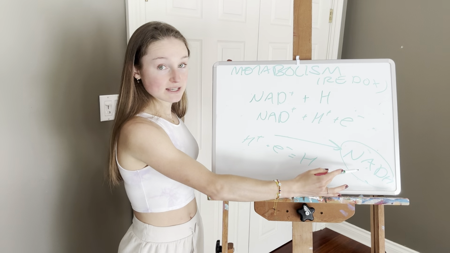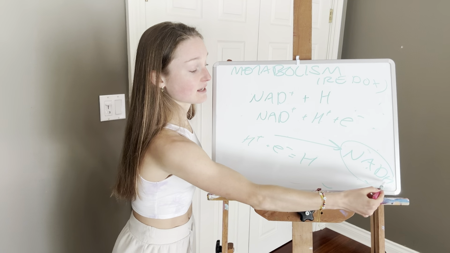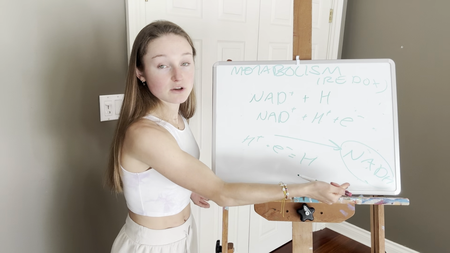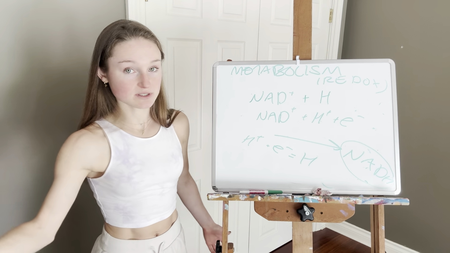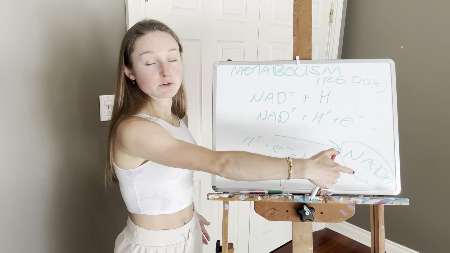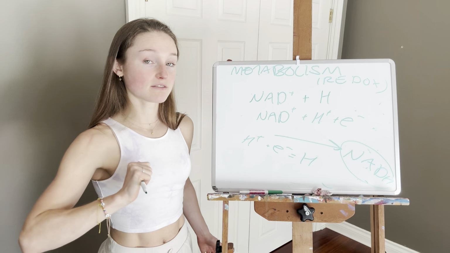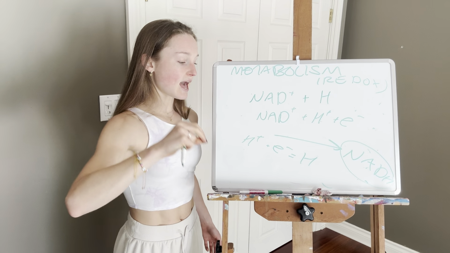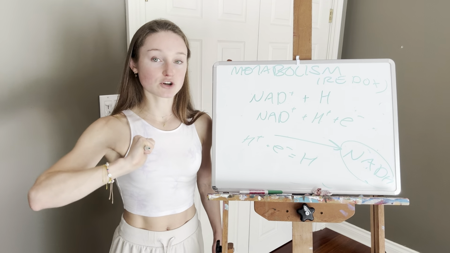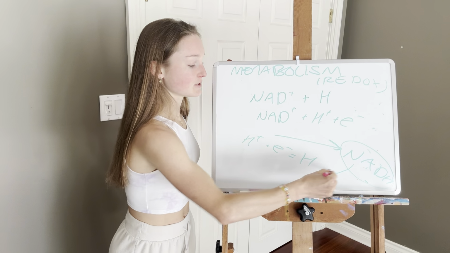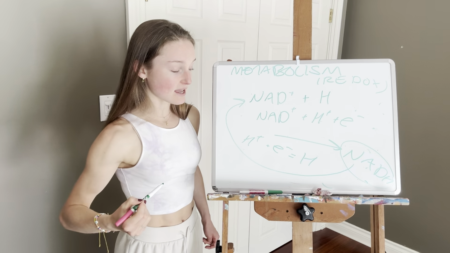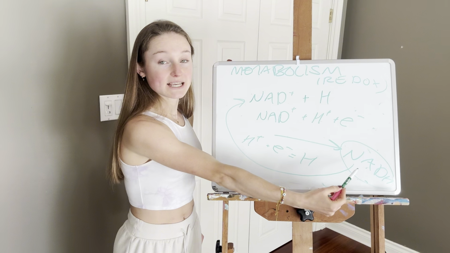NADH is a reducing agent because he himself right now is reduced, so now he has the potential to reduce another thing. He specifically reduces complex 1 of the electron transport chain, and when he reduces complex 1 of the electron transport chain, he turns back into NAD+, right? So he's a reducing agent.